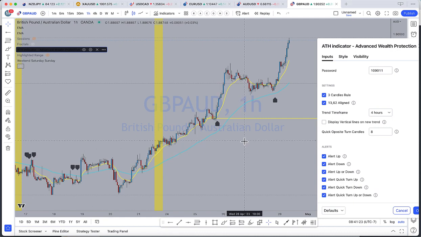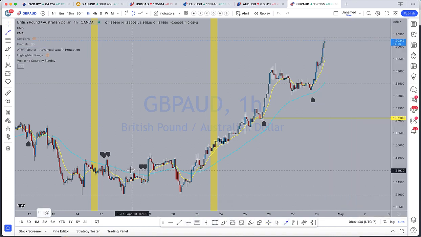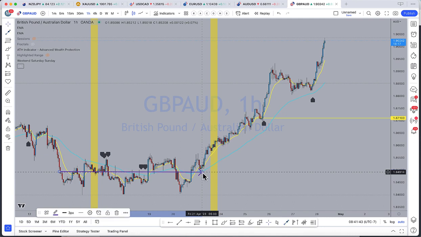Okay, now this is simple, but what the learning comes in is learning the difference between consolidating and trending. So even though these might agree to all of the basic rules that are programmed in, you don't want to take any of these because price is going sideways. So you would ignore these.